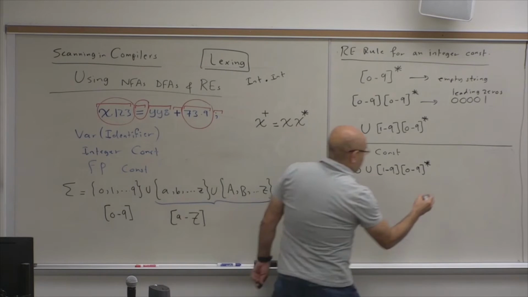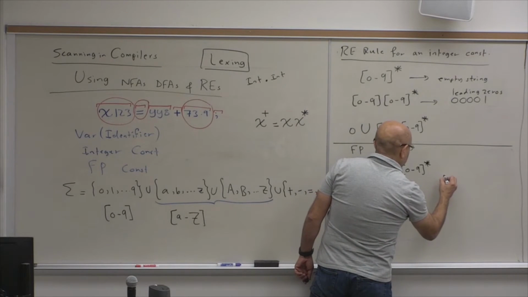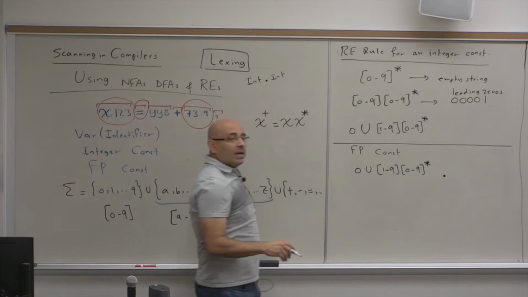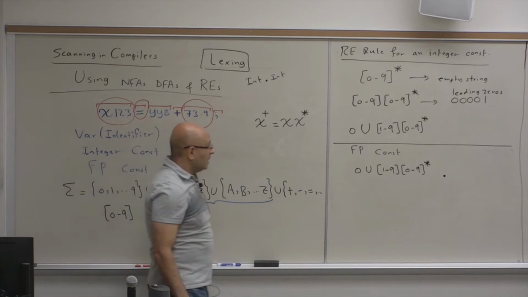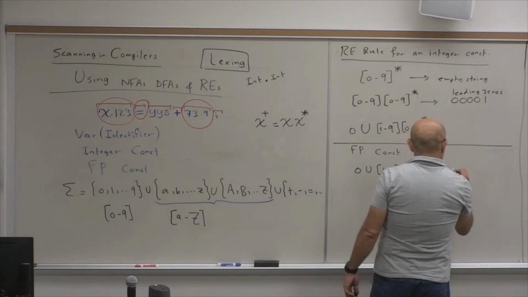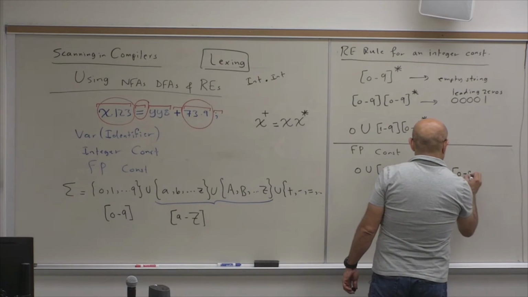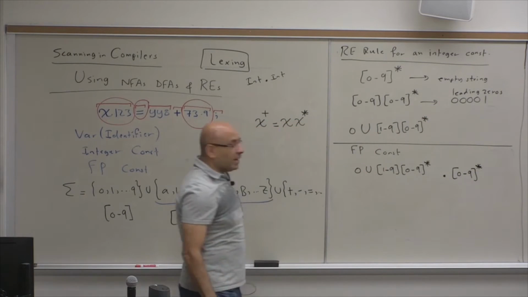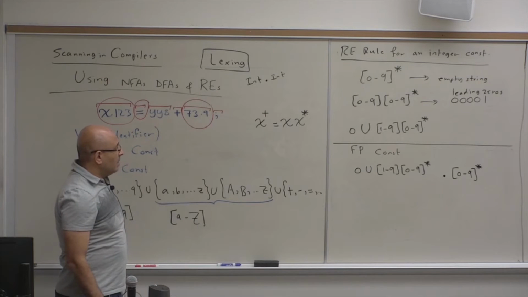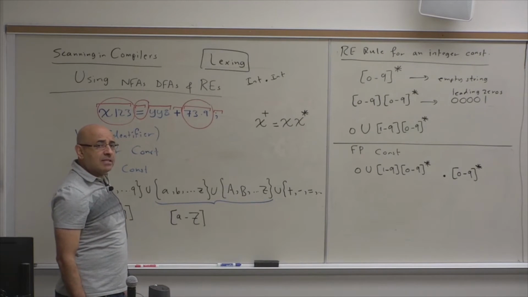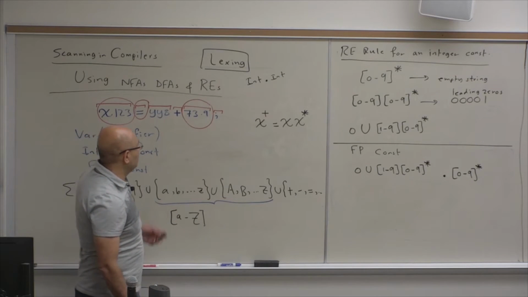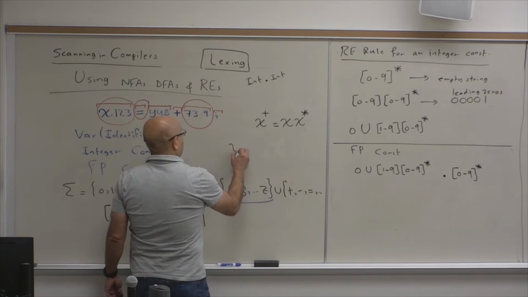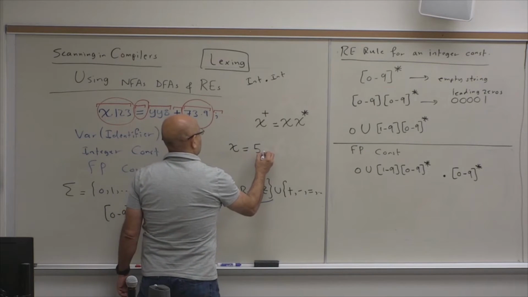Then there is a decimal point. And to the right of the decimal point, you can say 0 through 9 star. Now here you are allowing the empty string, but the empty string to the right of the decimal point can be fine. So you can have something like x equals 5 point.